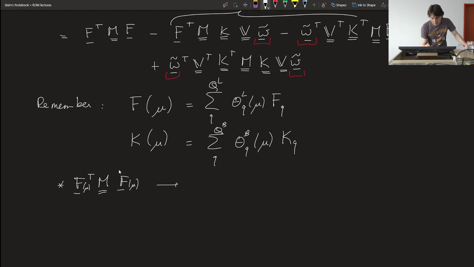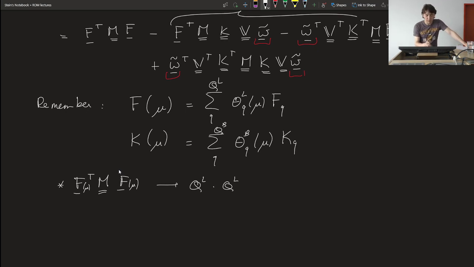So how many parameter independent components is this going to give? Well, it's going to give QL multiplied by QL. I'm just multiplying each of these FQs with the mass matrix and then again with one of these FQs. And actually a couple of them might be dependent, so it might actually be lower than this.